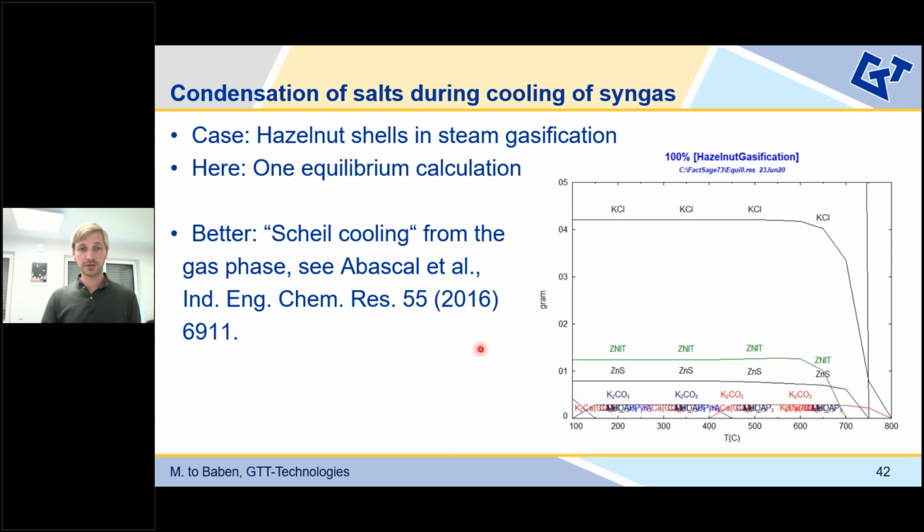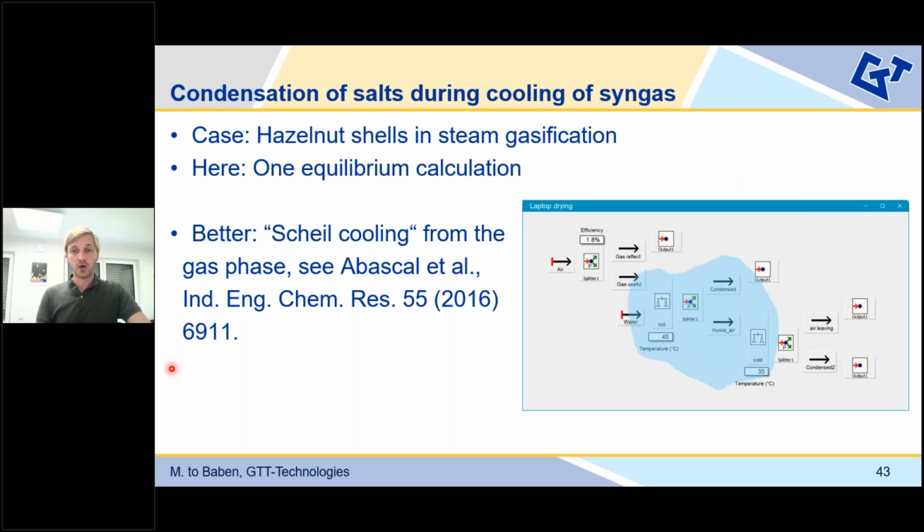A better approach is actually, and I would just want to highlight this, to use a Scheil cooling from gas phase, which requires basically a very short macro processing. Okay, so this was actually also one application where we have this change in temperature from the process model that I introduced earlier from the laptop drive.